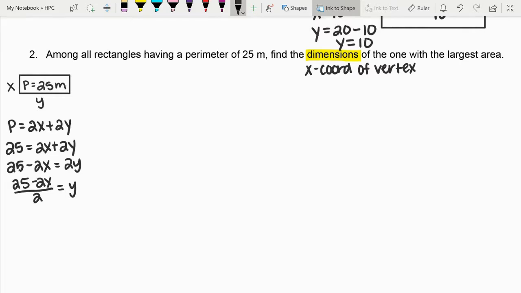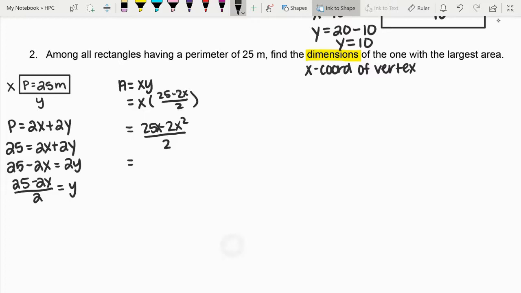Okay? Now we're looking for the largest area. The area is equal to x times y. So now we can substitute. So we have x times, now instead of y, we're going to have 25 minus 2x divided by 2. If I distribute my x, I'm going to have 25x minus 2x squared divided by 2.